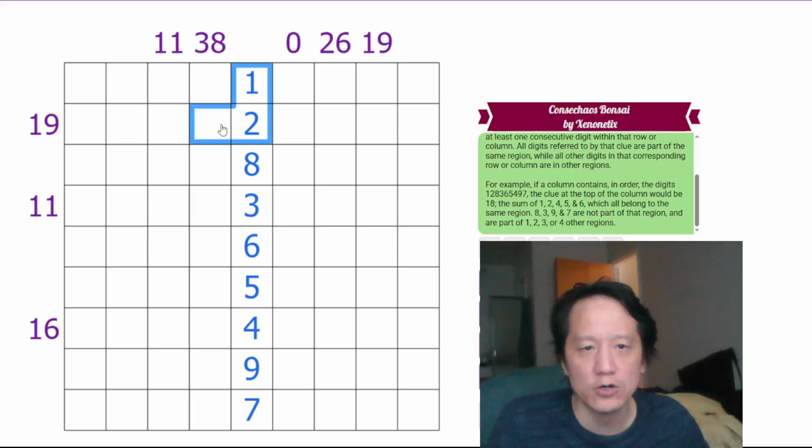So these would all be part of the same region here.